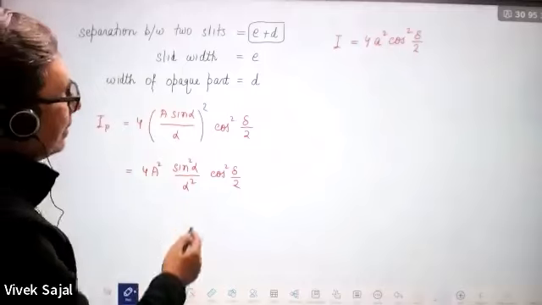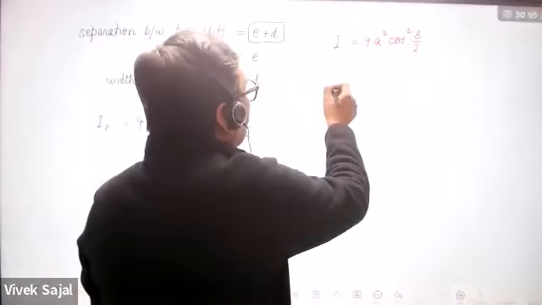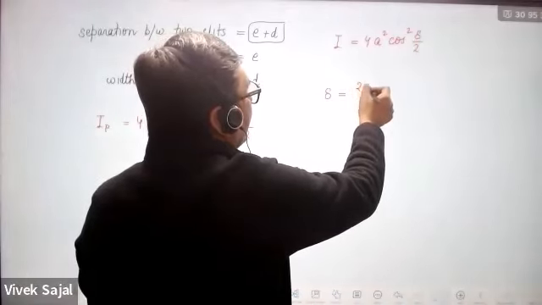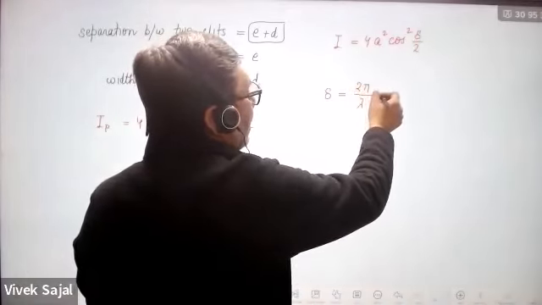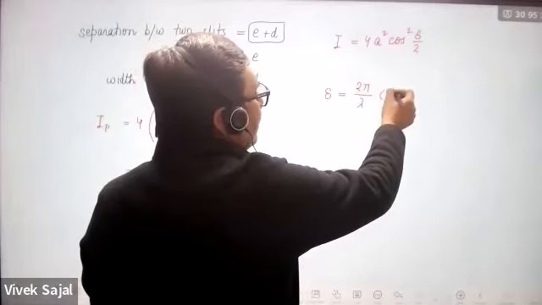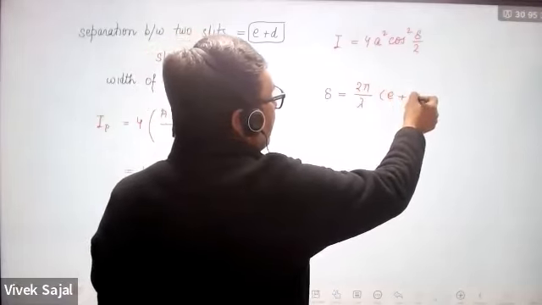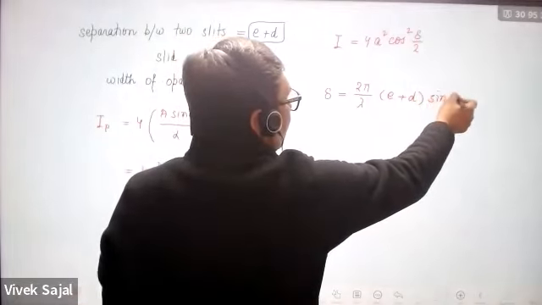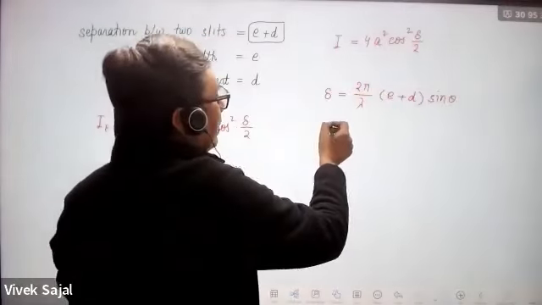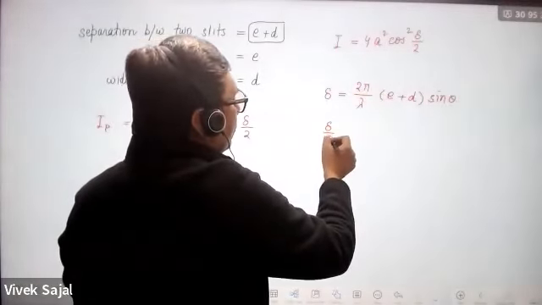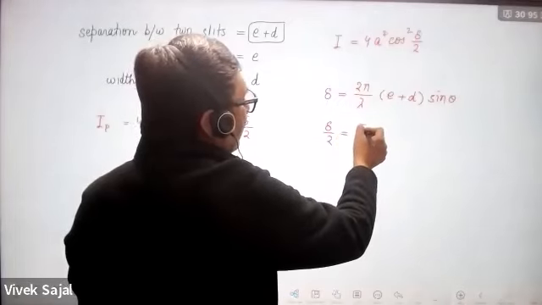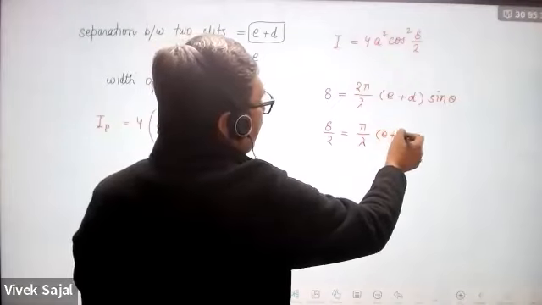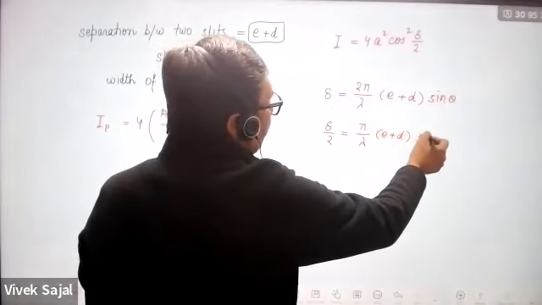So what is delta here? If you look, delta is the phase difference. Phase difference delta will be 2 pi by lambda multiplied by path difference. Path difference is E plus D sine theta. So delta by 2, if you bring that here, that will be pi by lambda times E plus D sine theta.